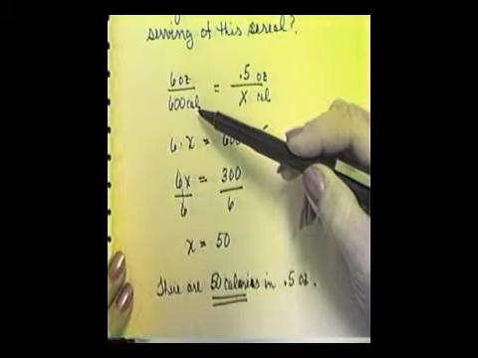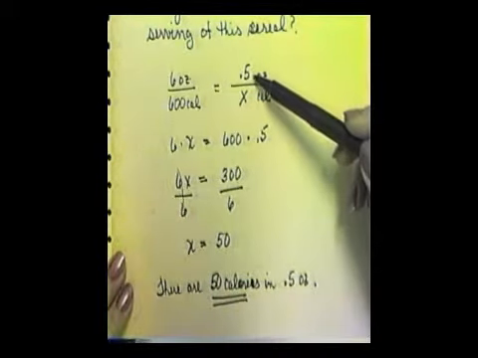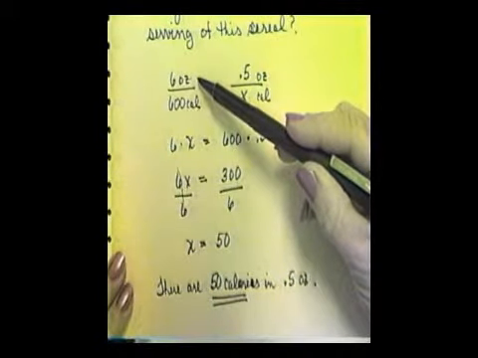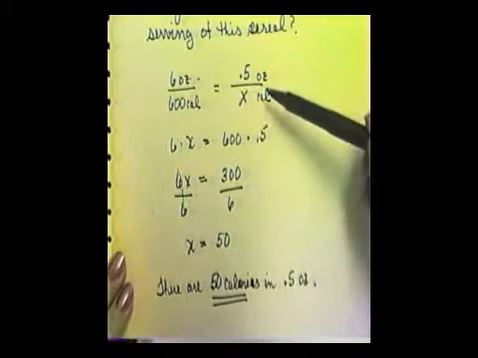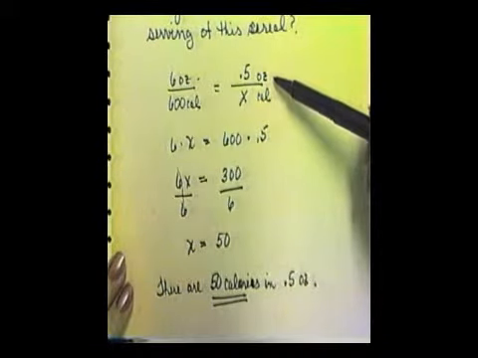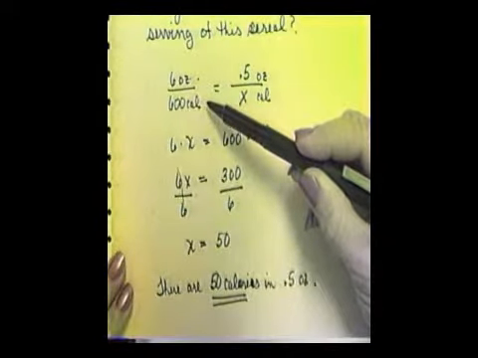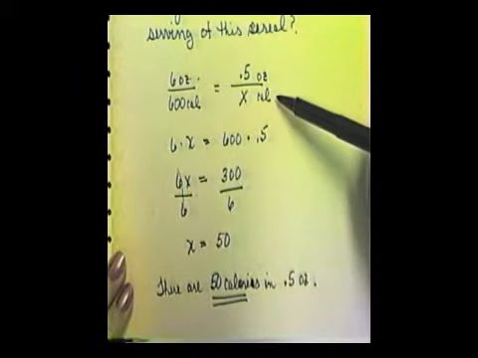We were looking for how many calories were in 0.5 ounces, and what we need to remember is, since we put ounces in the numerator in the first ratio, we must put ounces in the numerator for the second ratio. Calories was in the denominator in the first ratio, so calories must be in the denominator for the second ratio.